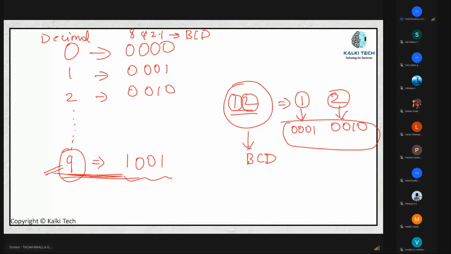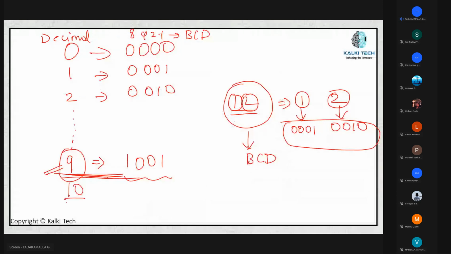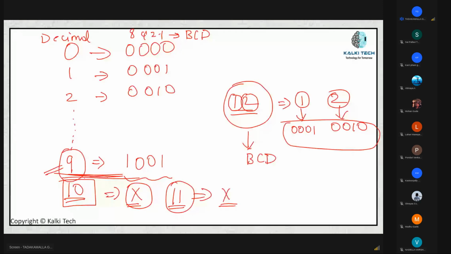But after this 9, that is for 10, for the whole number 10, we don't have any BCD representation. For the whole number 11 we don't have any BCD representation either. From 10 to 15, for the whole number we don't have any BCD representations. Is it clear for everyone?